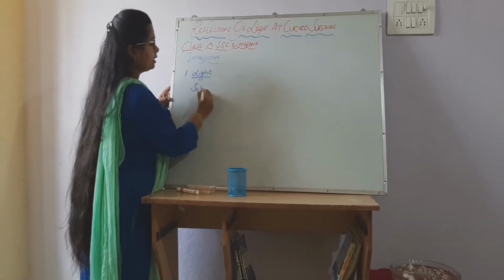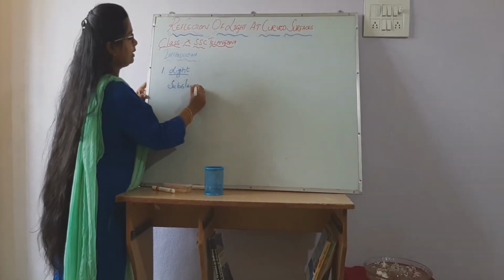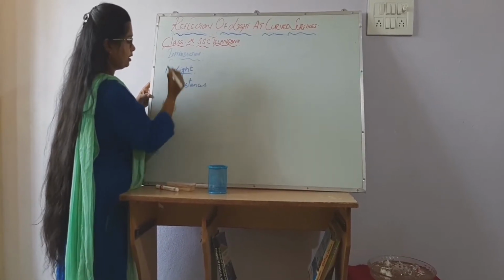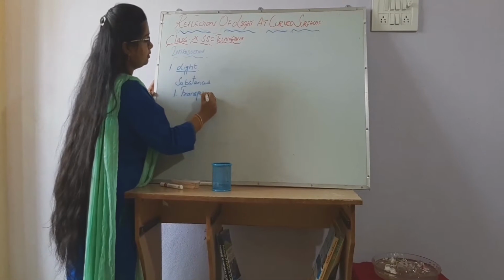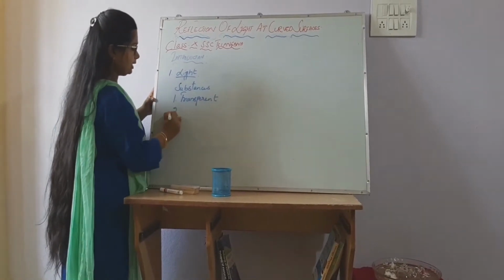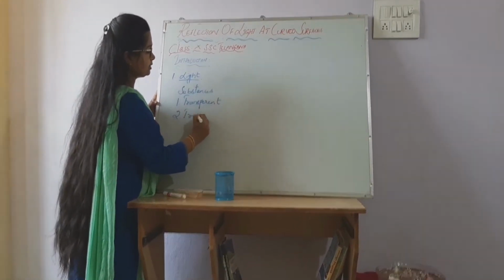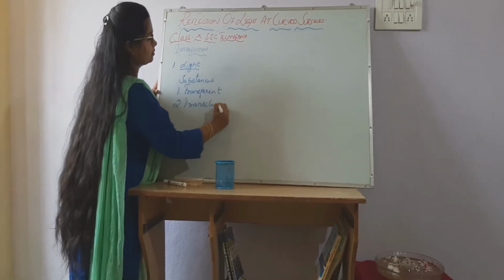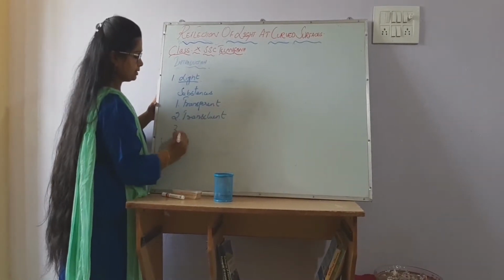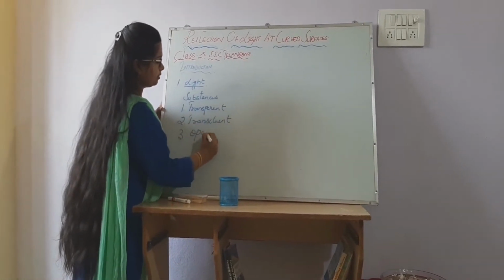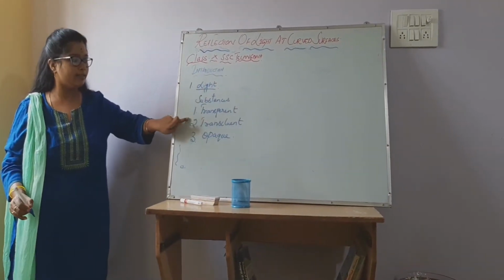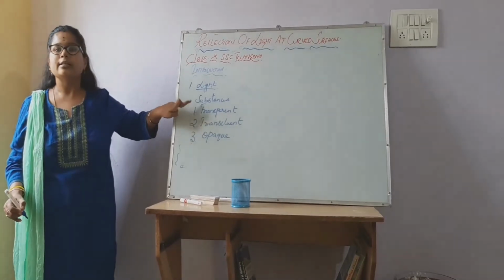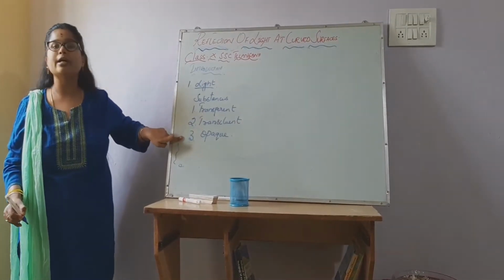One is transparent substance, the second is translucent substance, and the third is opaque substance. Light behaves differently in these three.